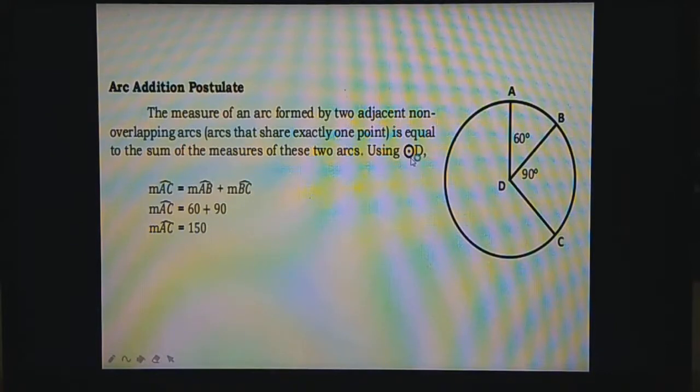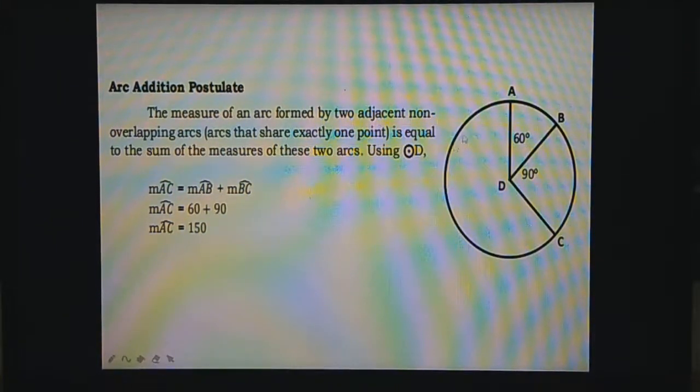So, using circle D, the measure of arc AC, so alin ba yung tinatawag na AC? Arc AC, ito, yung major arc. Mali pala.